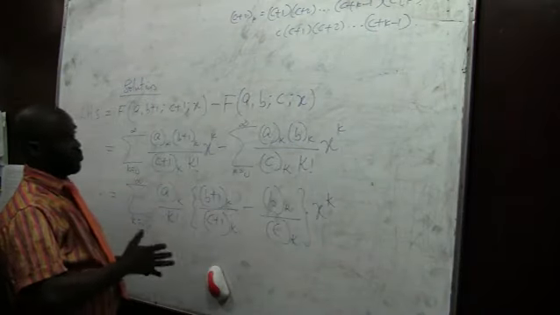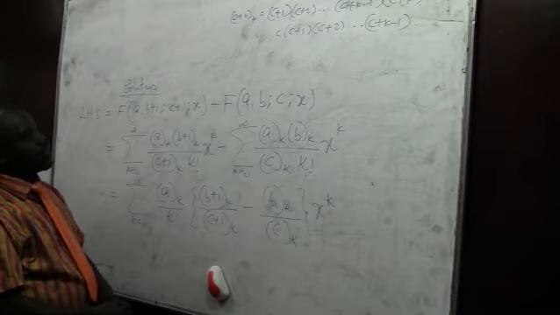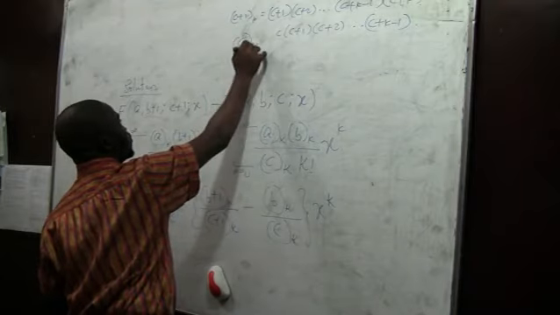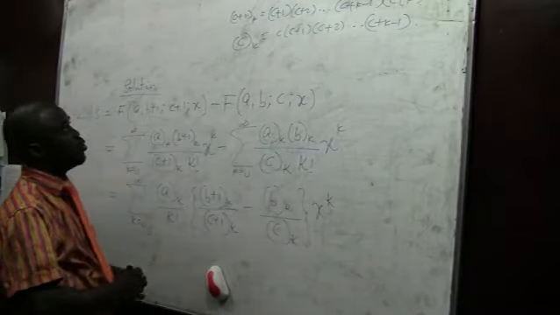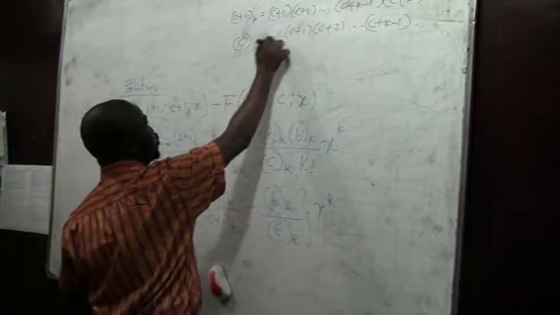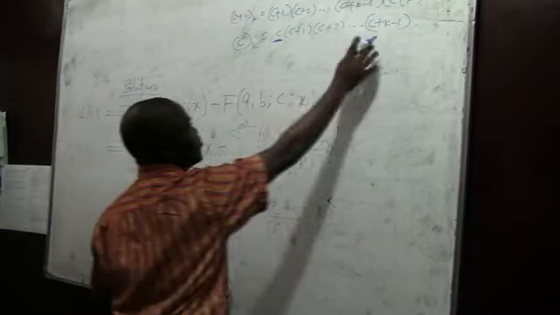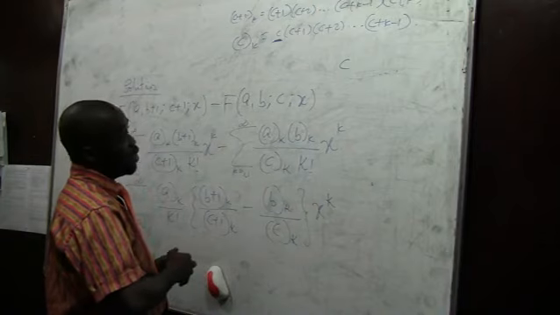Now, if we observe very well, we will see that every term in the factorial function of c plus 1 is contained in factorial function of c, with exception of the first term, which is c. So you bring that one out. Then every other term is within the factorial of c plus 1.